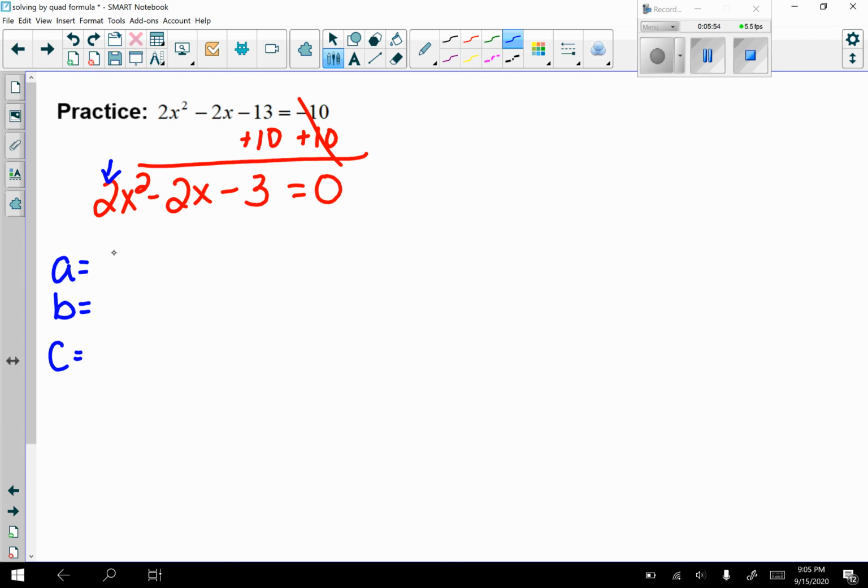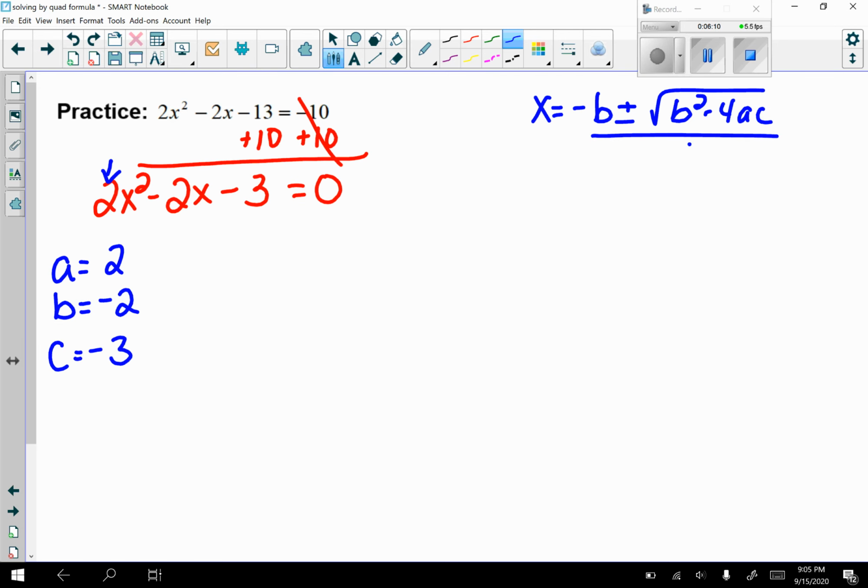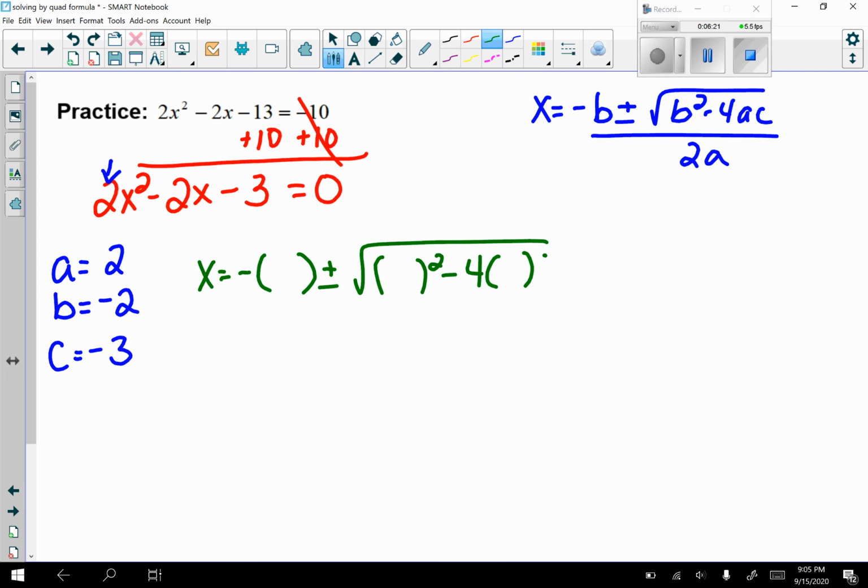So we should have a equals 2, b equals negative 2, and c equals negative 3. So I'll write the formula up here. But remember, you can always go back in your notes to find it. So I have x equals negative b plus or minus the square root b squared minus 4ac all over 2a.